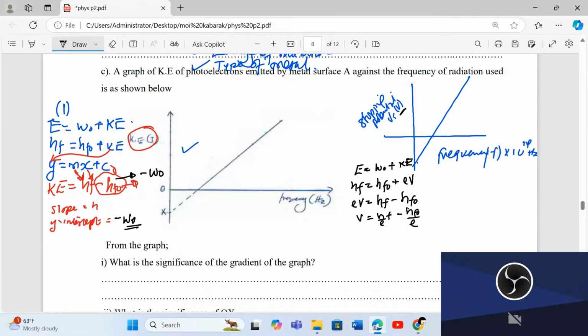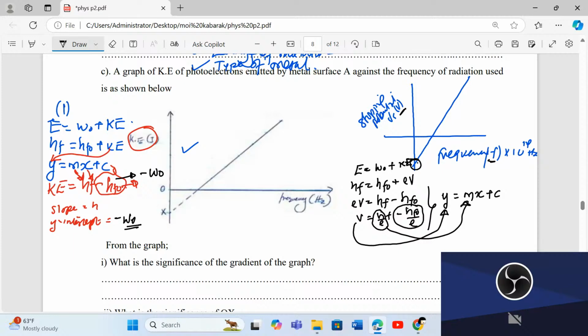That is dividing across by e. Then, to match the equation y equals mx plus c, negative hf naught over e will be giving us the reading here.